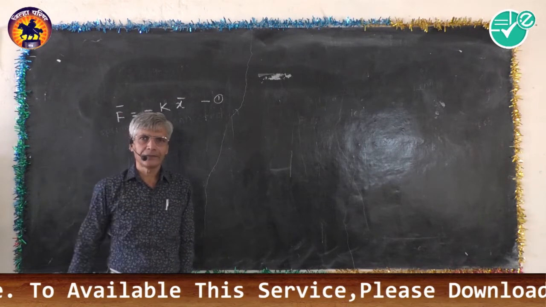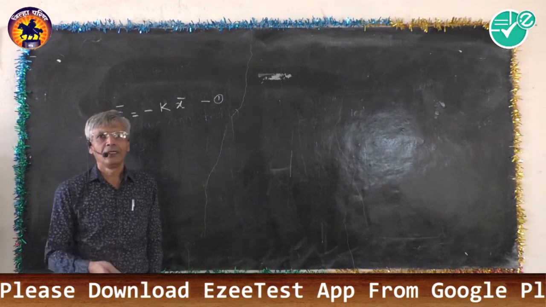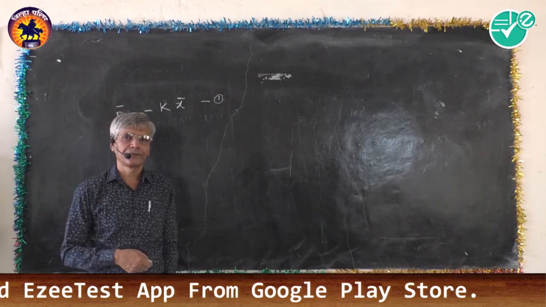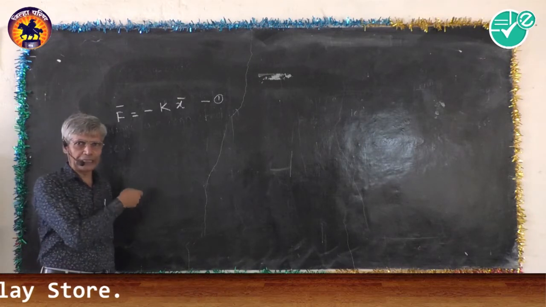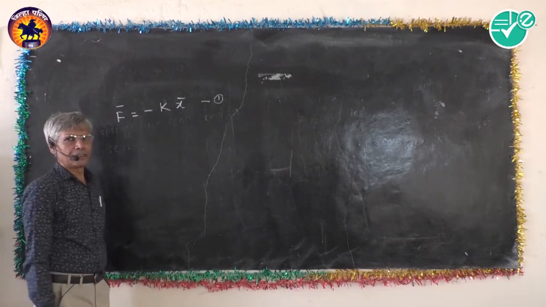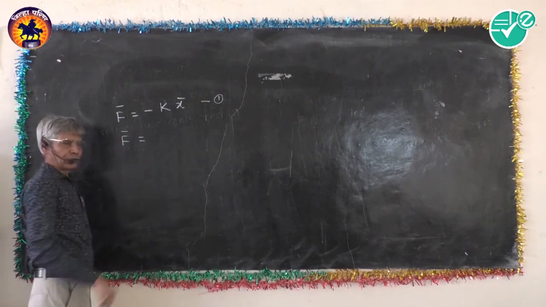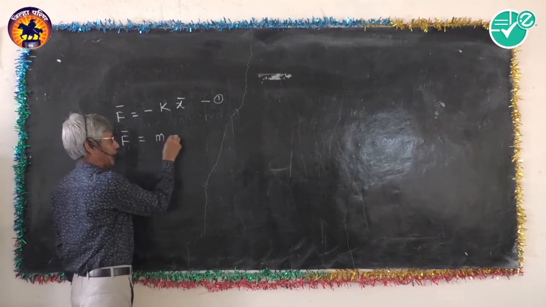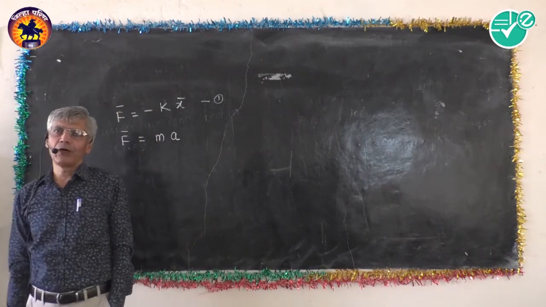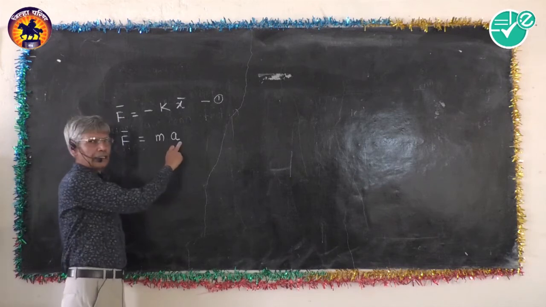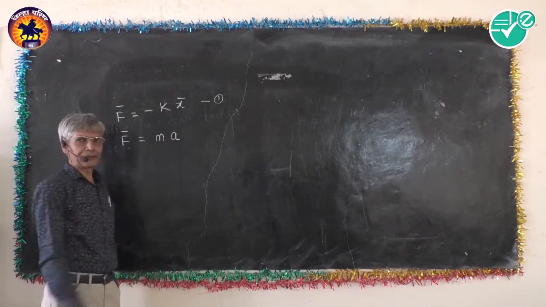According to Newton's second law, this restoring force acting on the particle will produce a linear acceleration in the particle. And this linear acceleration can be represented by using Newton's second law as force F, the restoring force, equal to m into a, where m is the mass of the particle performing linear SHM and a is the corresponding linear acceleration for the given displacement x of the particle.